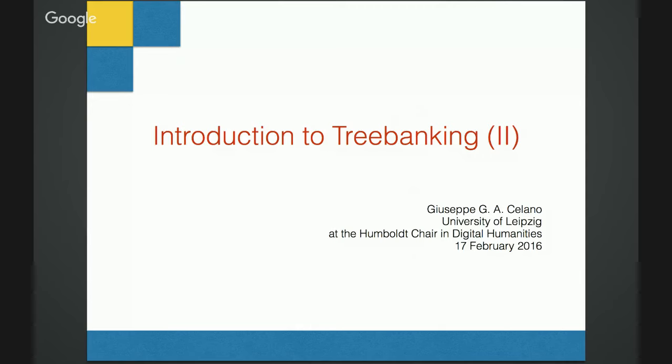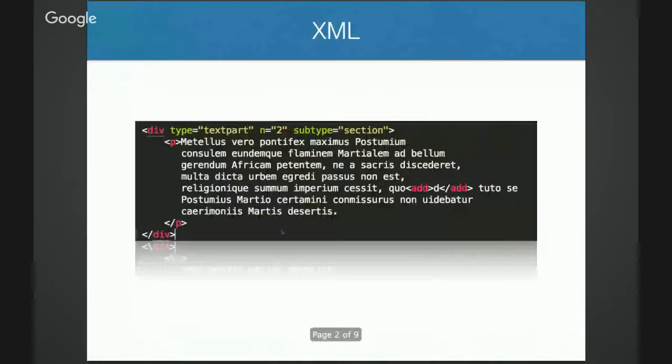And today we wanted to continue to talk about Treebanking. But before doing this, I would like to say something about XML, because last time there were students asking what XML is.